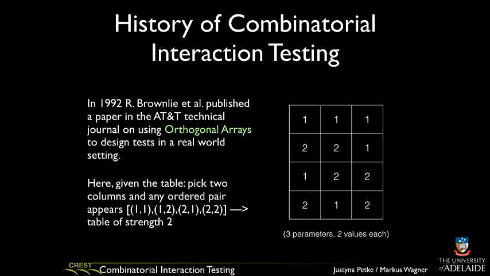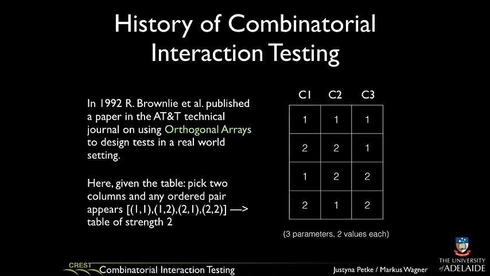One example here, a super small, quick one. Let's think of 3 parameters. Each one has values 1 and 2, and each row here is one test case. We've got test case 1, test case 2, test case 3, test case 4.